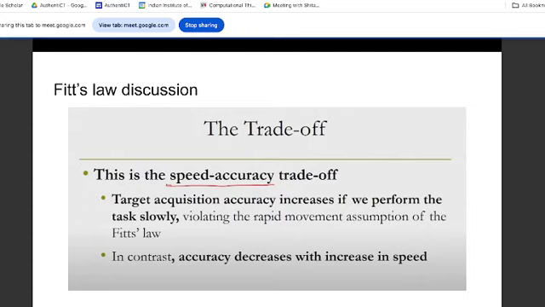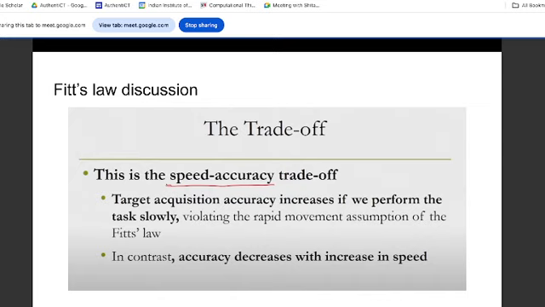The target acquisition accuracy increases if we perform the task slowly. There is a chance of error-free execution. However, accuracy decreases if you want to do this faster. Similarly, if the task is represented in a very tiny size, then it is prone to error.